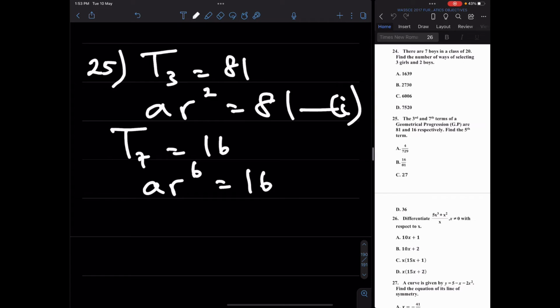So the total score of the entire class will be 10x plus 15y.